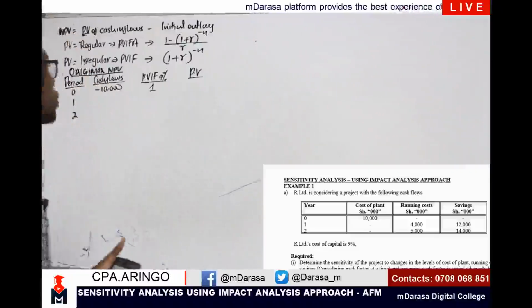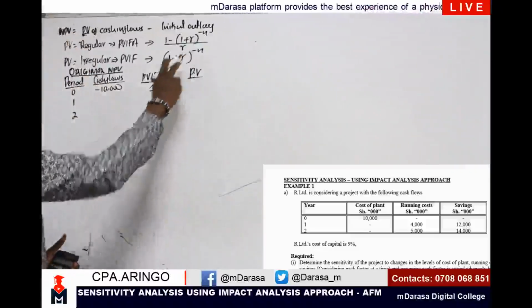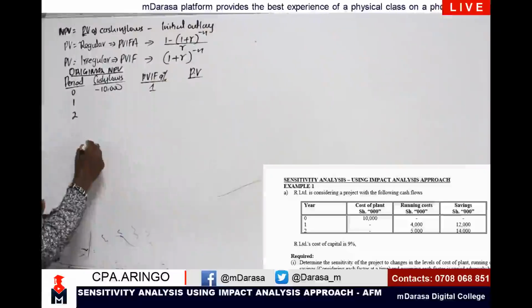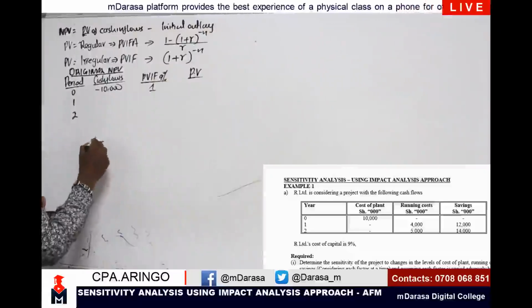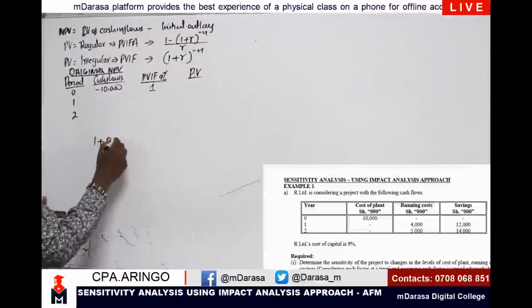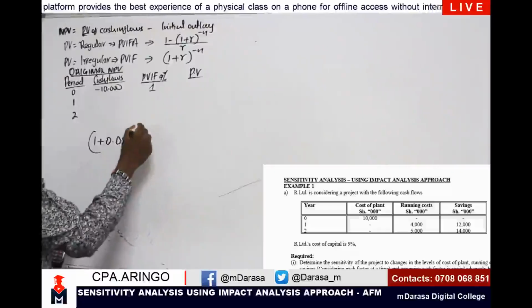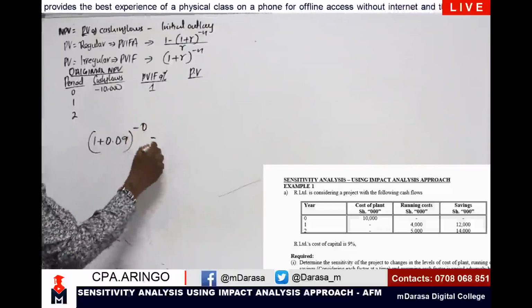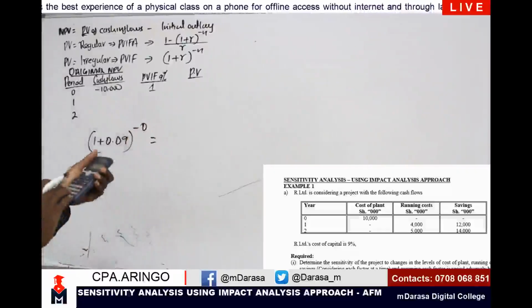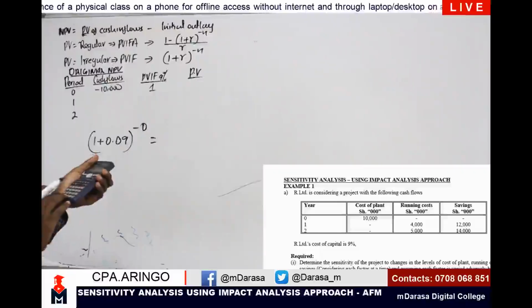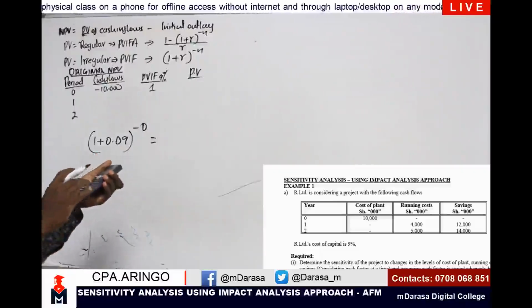If we were to prove that one, this is irregular, right? So being irregular, I'm having 1 plus 0.09, that is 1.09, raised to power negative 0.